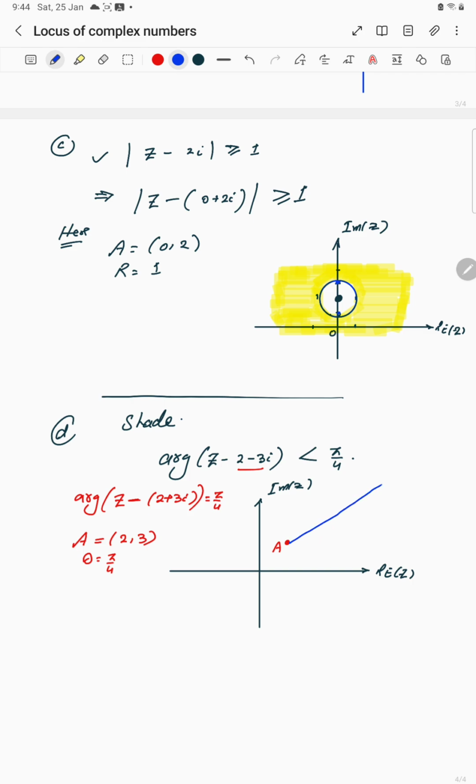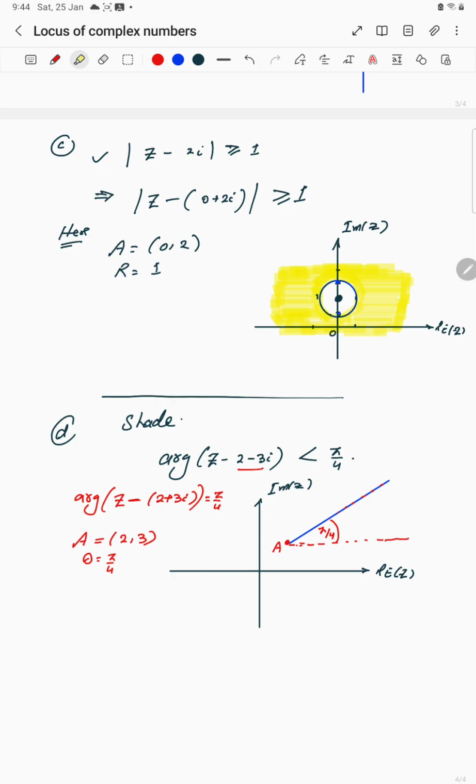Say z is here somewhere on this line. And next you need to draw a line parallel to the real axis, in such a way that the angle between this line and this line must be pi by 4. Now the question says your z is lying anywhere on this blue line, right? z can be anywhere because the angle will remain the same.